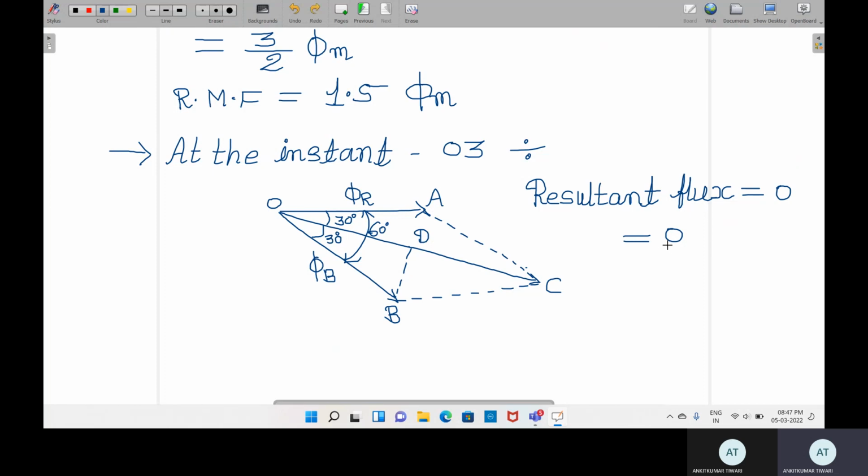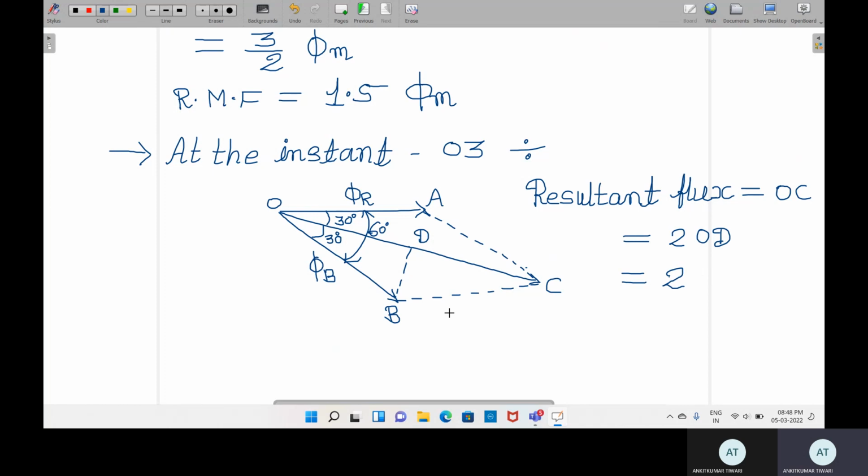So we can write 2OD, and 2OD is further simplified.